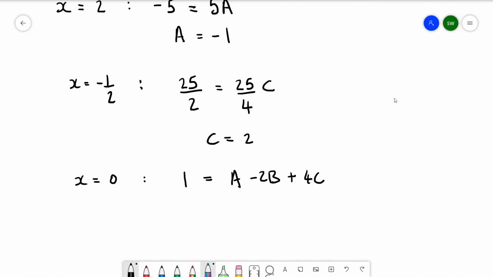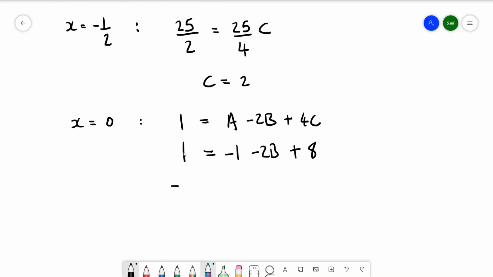So this is going to help us find b because we already know what a and c are. So 1 is equal to minus 1 minus 2b and plus 8. So we're going to get that minus 6 equals minus 2b. So b is equal to 3.